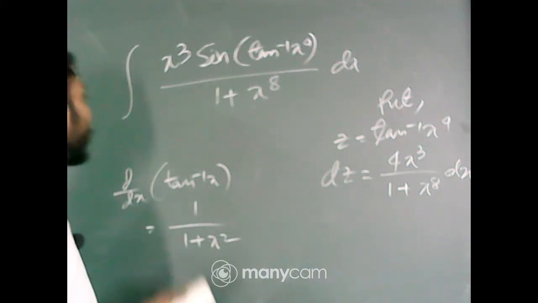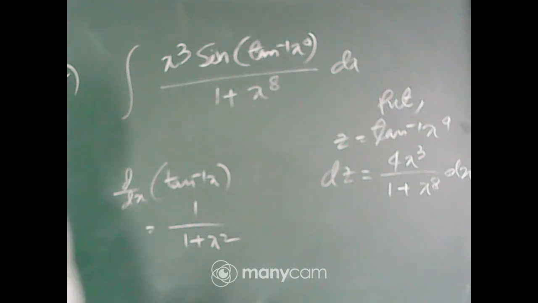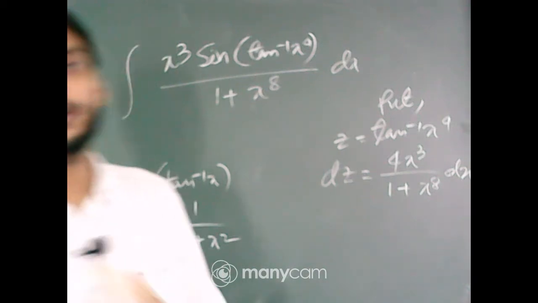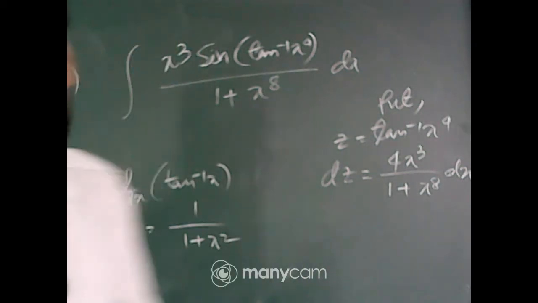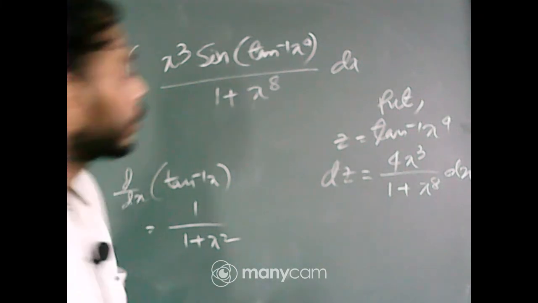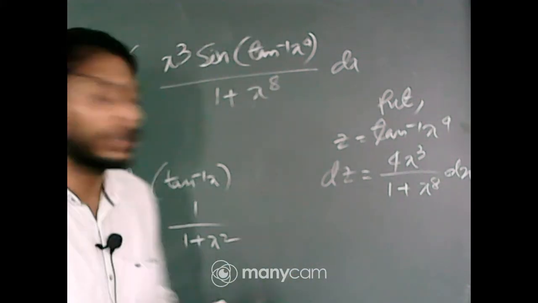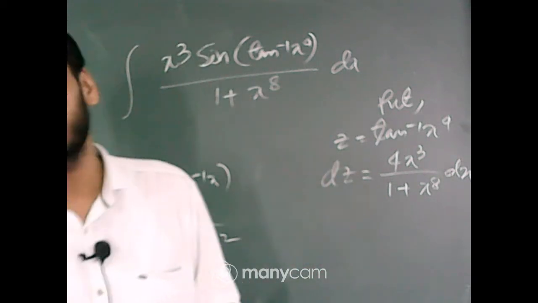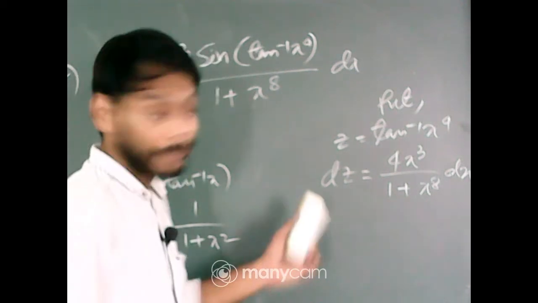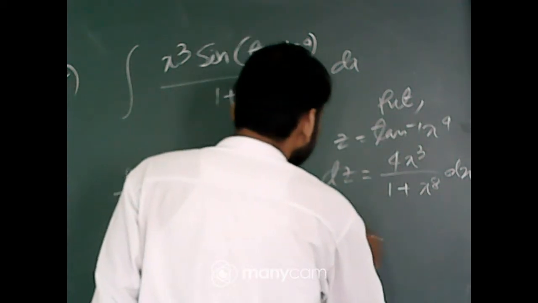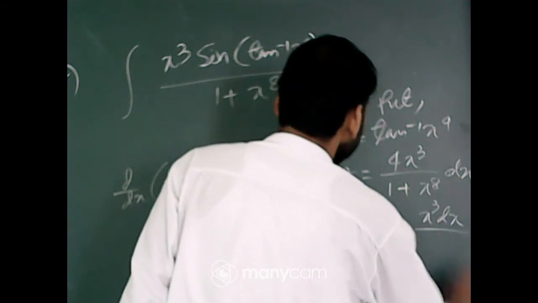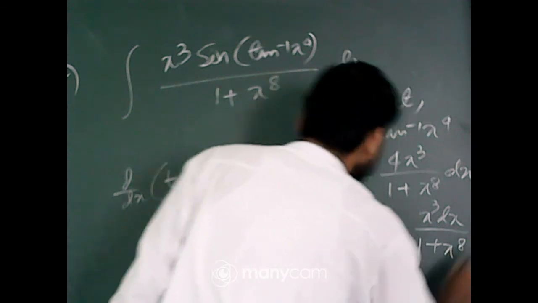So after doing the differential, you finally get dz equals 4x cube by 1 plus x to the power 8 dx. That means 1 by 4 dz equals x cube dx by 1 plus x to the power 8.